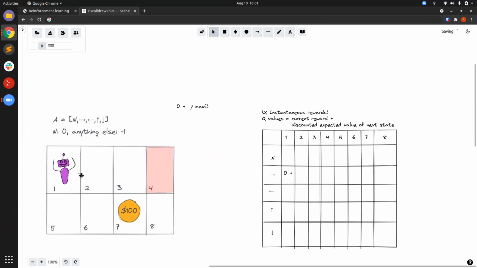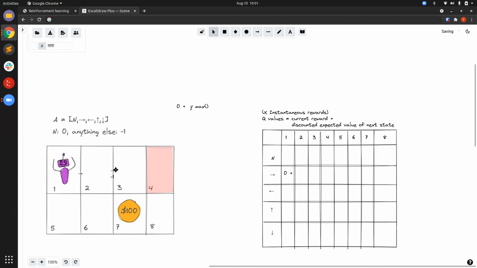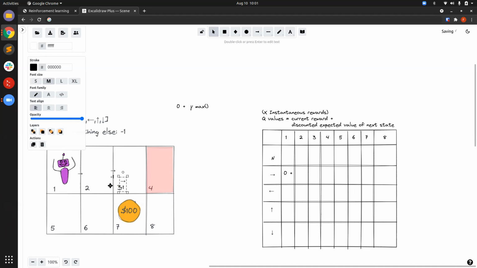Let's say that from state 2, I could go left, right with, let's say, -1. Oh, sorry, they're all 0. So right now, all of my Q values have been initialized to 0.